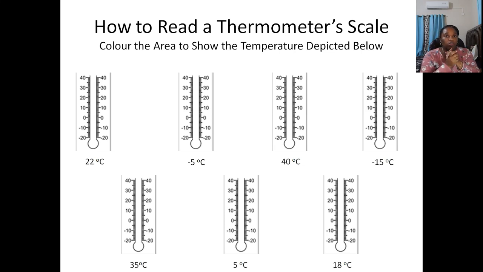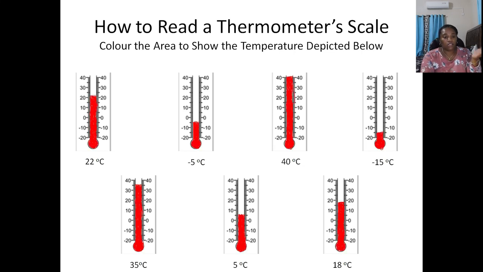What you can do is pause the video and just look at where you think it's going to be. You could probably take a snap of it and try to do it on your own. The next screen will show you the answers.